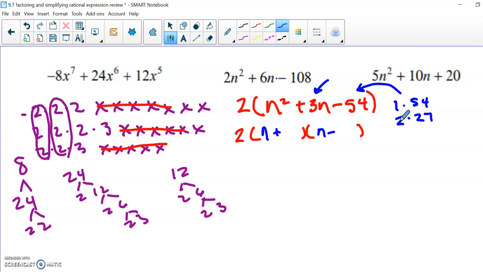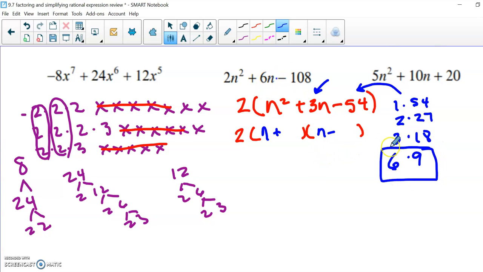How many times? 54 divided by 3, how about 3 times 18? 4 doesn't go in evenly, 5 doesn't work, 6. 54 divided by 6 gives us 9. 6 times 9. 7 doesn't go into it evenly, and we're back to the 9. So those look like our choices.